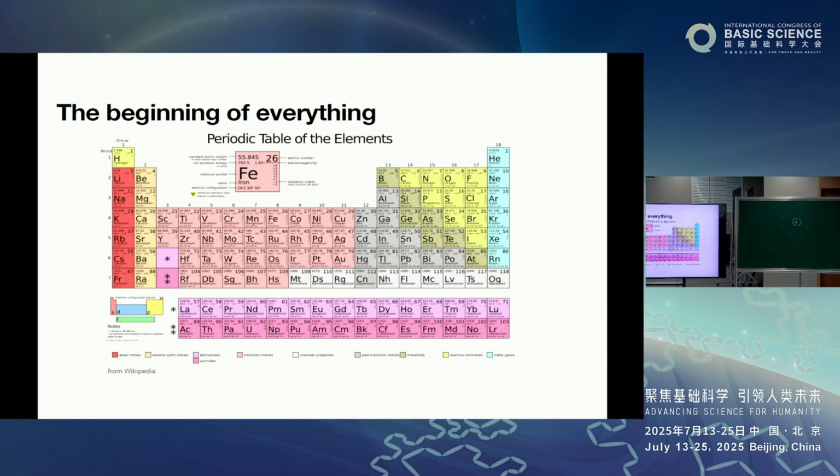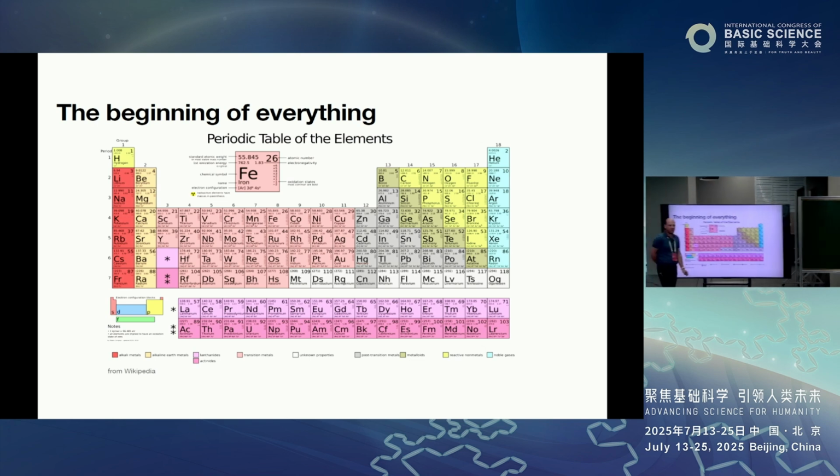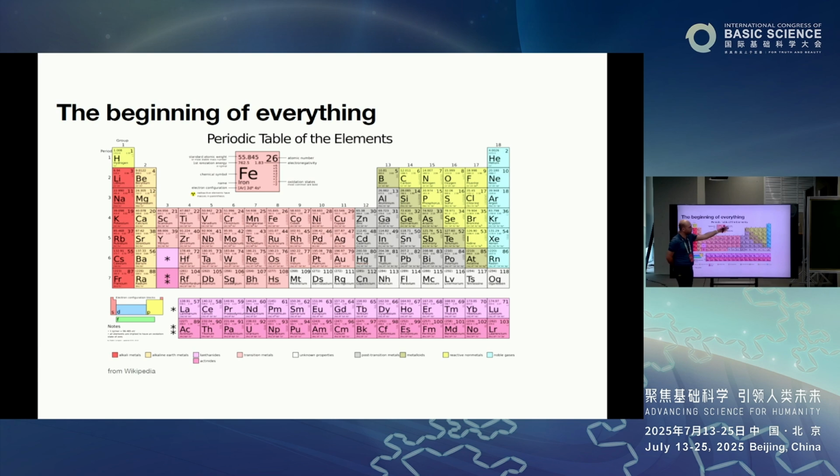This number, for example 26, is telling you how many protons are in your nucleus, where you have a positive charge, and how many electrons are around it. So again, 26. So basically you have the same number of electrons and protons. And now, if you have an experimental chemist friend, you can call them and ask them to compute the ground state energy, at least experimentally, of this atom, and probably they will manage to do this. And then you can have fun.